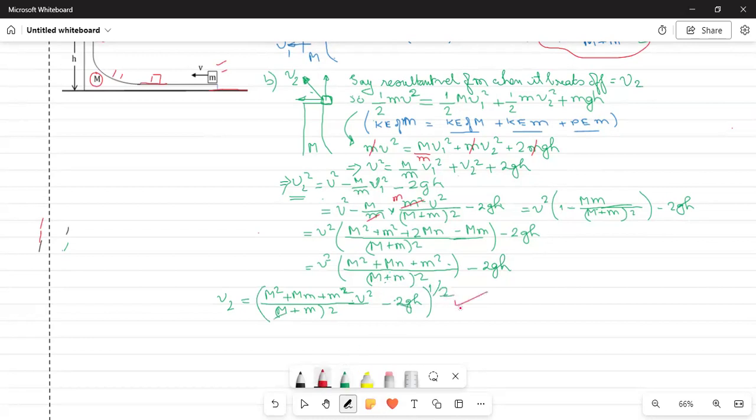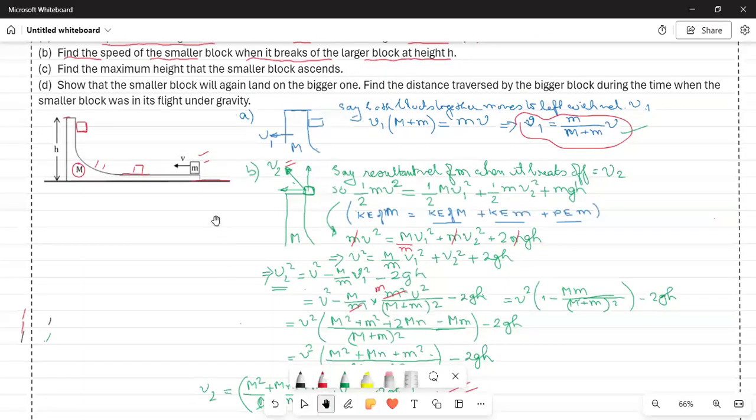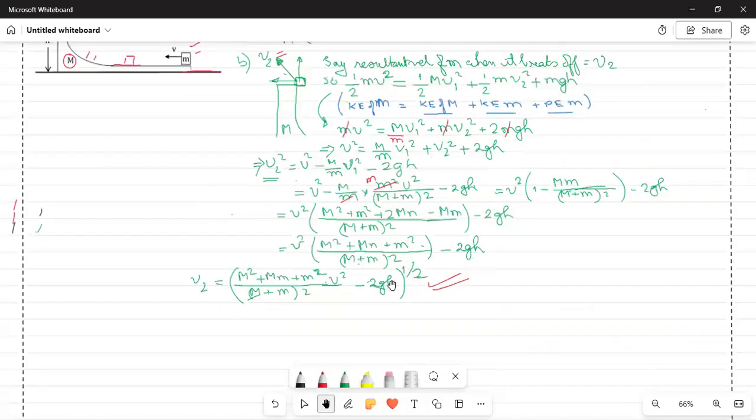This is what they wanted us to find, the speed of the smaller block when it breaks from the larger block of height h. This is the speed V2, and we have found the value of V2 here.